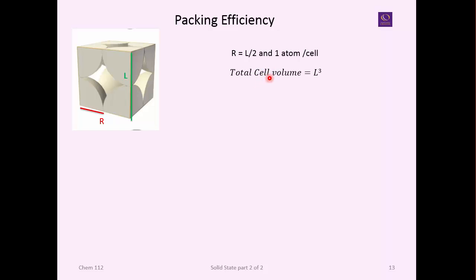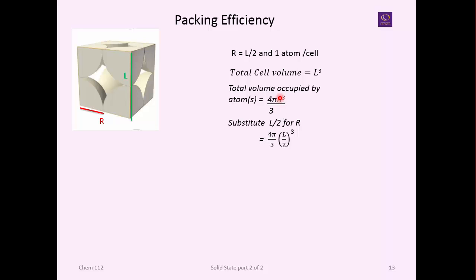The total cell volume is L cubed. That's just the volume of a cube. The total volume occupied by an atom: first off, there's one atom in here. The formula for the volume of an atom is 4/3 pi r cubed, times the number of atoms, which is 1. So that's 4 pi r cubed divided by 3.